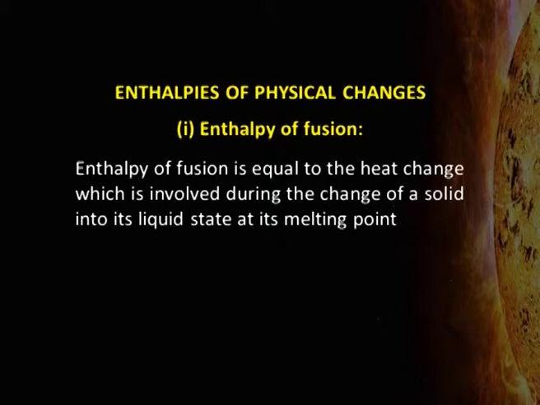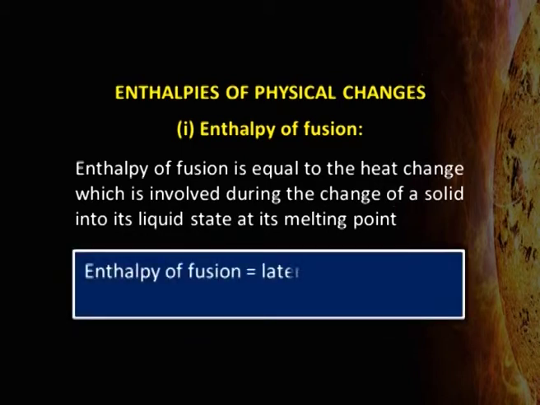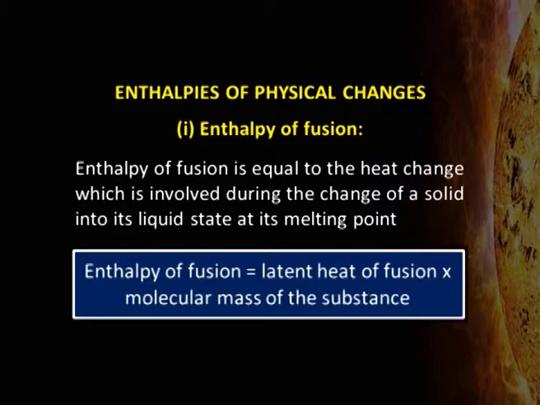Enthalpy of fusion of a substance is equal to its latent heat of fusion multiplied by the molecular mass of the substance. Enthalpy of fusion gives an idea about intermolecular forces operating in a solid. Enthalpy of fusion for ionic substances is greater than for covalent substances because intermolecular forces operating in ionic solids are greater than those operating in covalent solids.